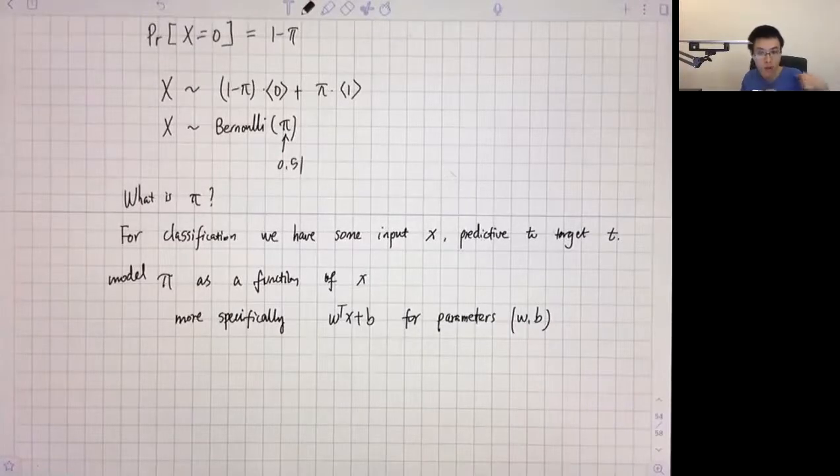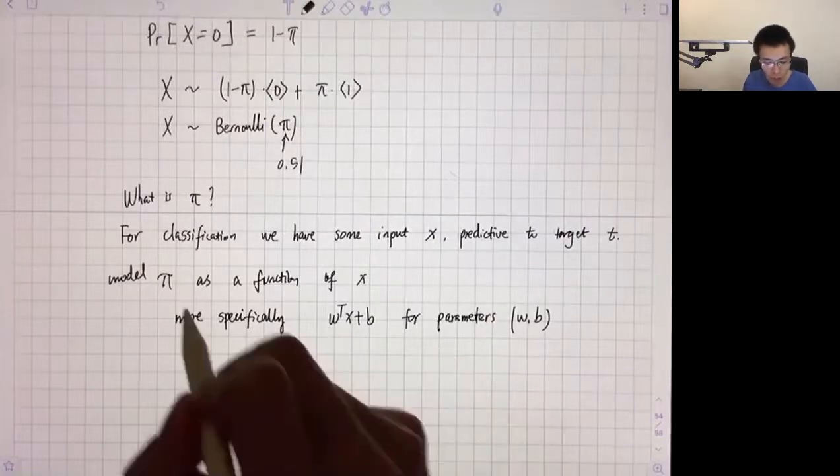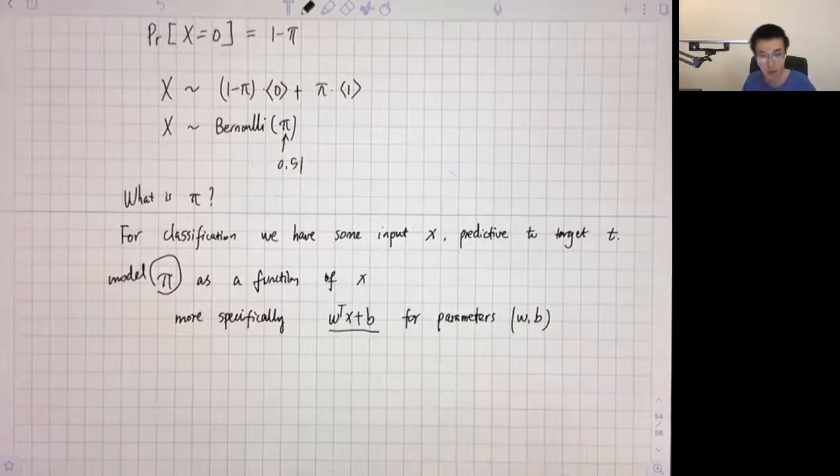I would like to predict the chance that the outcome is either 0 or 1, but the chance is not a fixed number. It's not a constant for different samples. It's affected by the features of a particular sample. And we are now considering linear classification, so pi is related to a linear transformation of your features plus a bias.